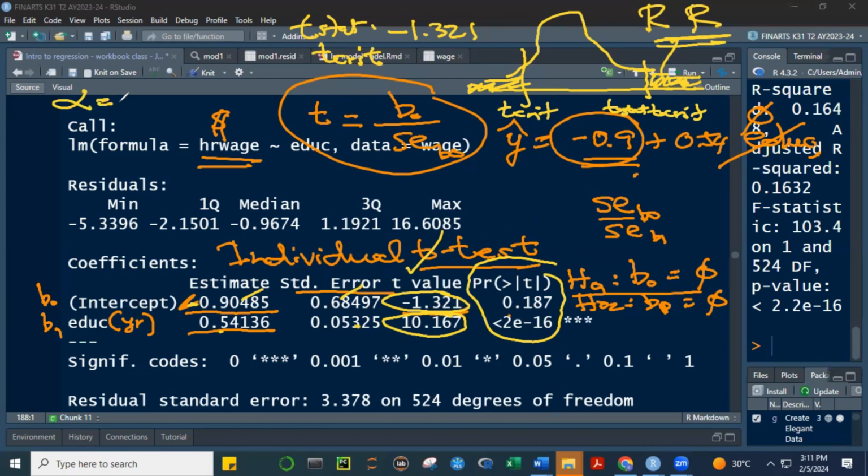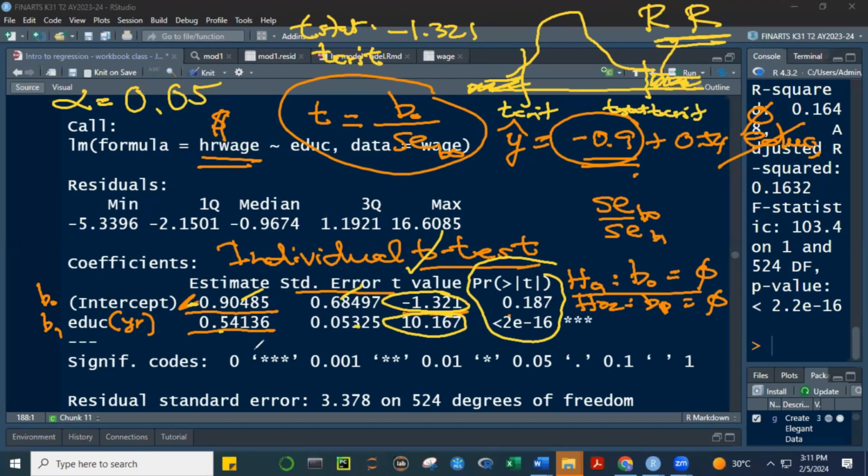Okay, ang kailangan natin, class, yung alpha. Ano ba yung alpha natin? Di ba, our alpha is 0.05. Yan usually. Kailangan natin, class, yung area. Since yung mga values natin, pwede magkaroon ng negative, no?